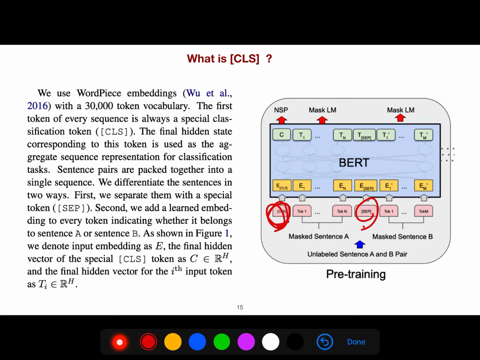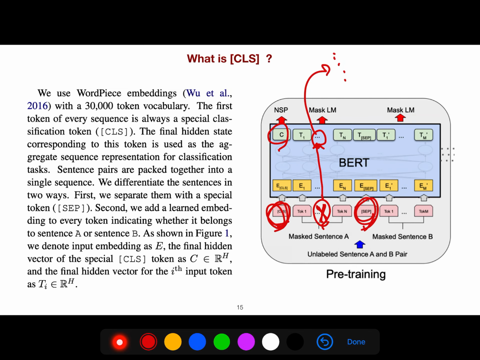The first one is CLS, for classification, and the rest are for language modeling. For example, if you mask a token, you can predict the probability of each of the tokens in your vocabulary, depending on your vocabulary.